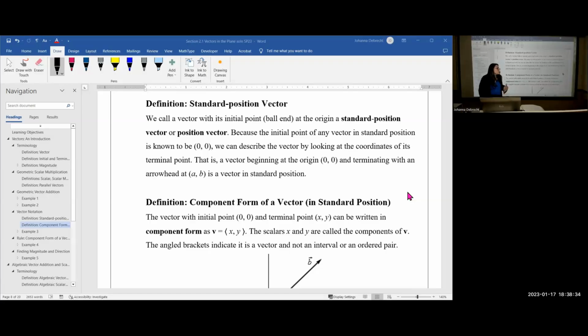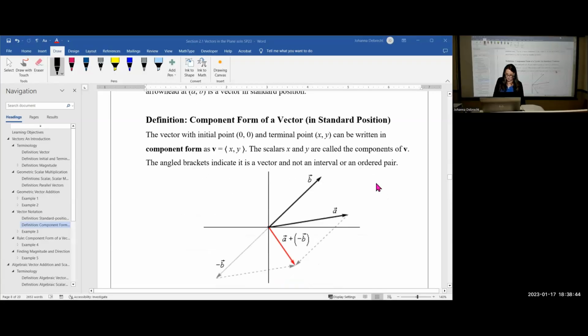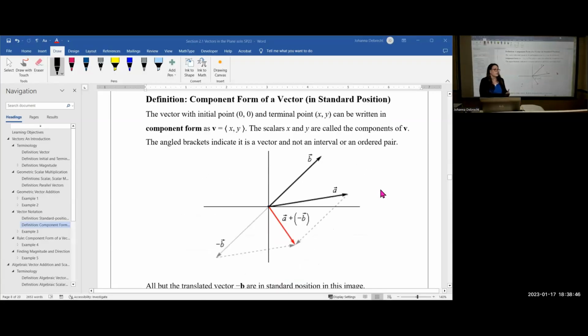All right, so those are the components of the vector v. And again, this is in standard position, so you know the initial point is at the origin. And since vectors are the same, no matter where they're located, we might as well locate them at the easiest place, which is with their initial points here at the origin, right? And that's an easier way to go about that.